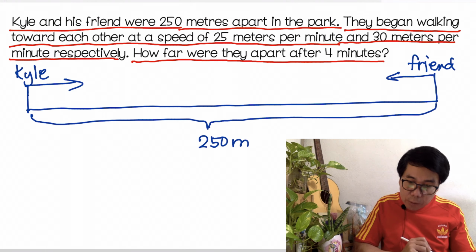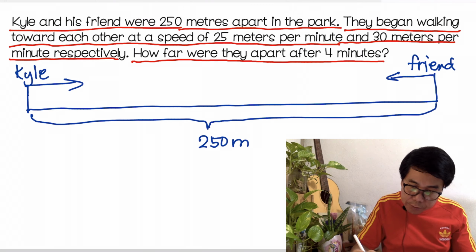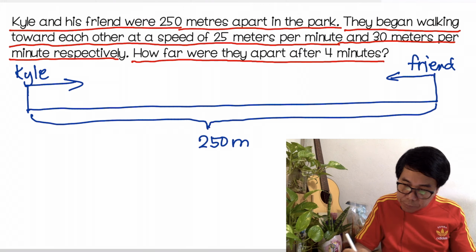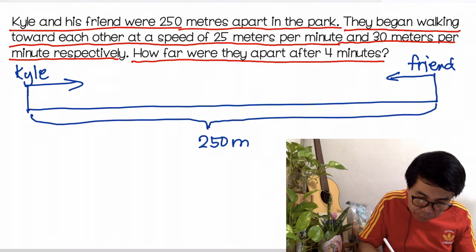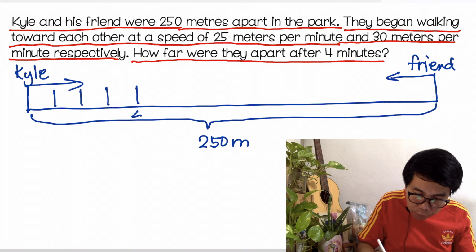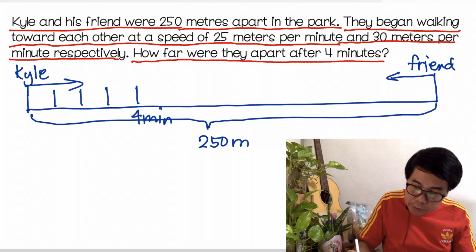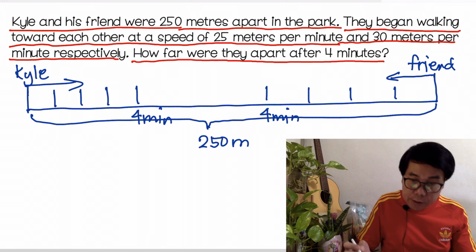Now, 4 minutes of walking. Let's have here 1, 2, 3, 4. So this is 4 minutes. Here also 1, 2, 3, 4. This is 4 minutes.